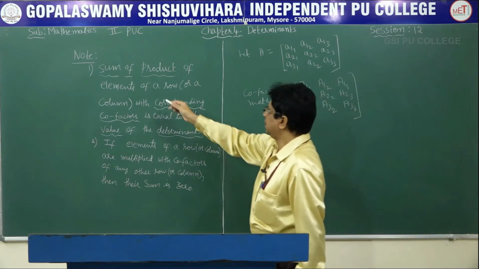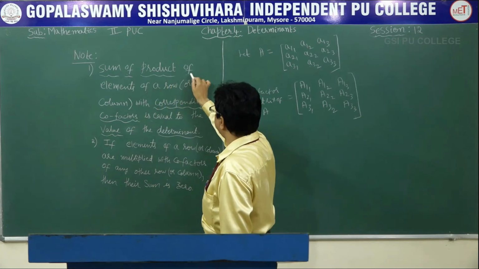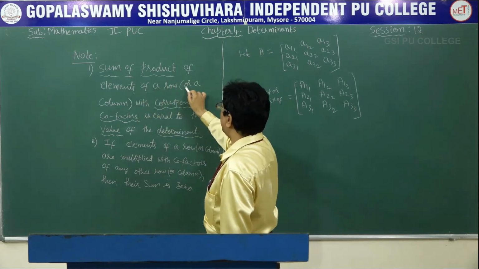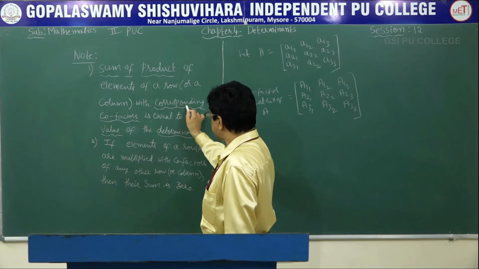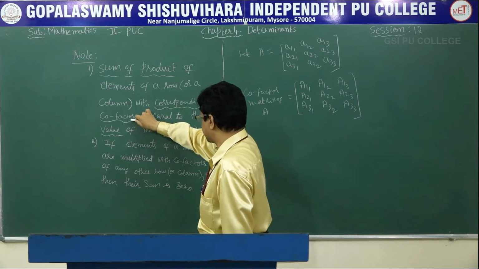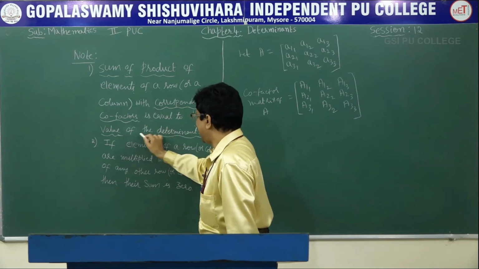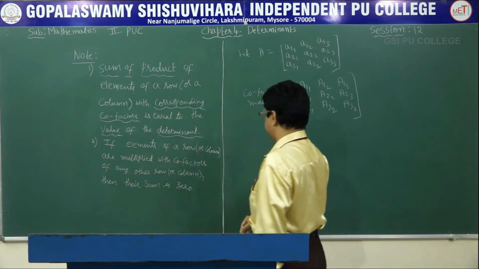According to the first result, the sum of the product of the elements of a row or a column with corresponding cofactors is equal to the value of the determinant.